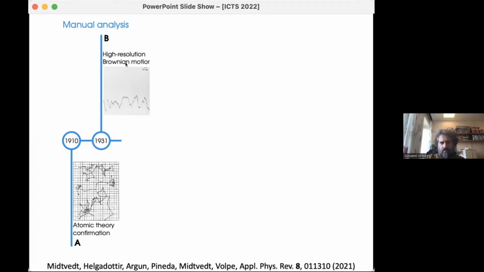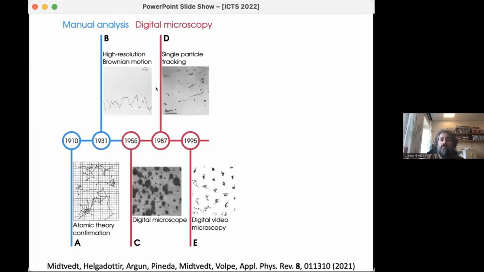Then many more experiments doing manual tracking ensued, like measuring Brownian torque. And there was a nice shift towards digital microscopy, starting in the 50s up to the 90s. It's a very nice story. You can read it in the review below.